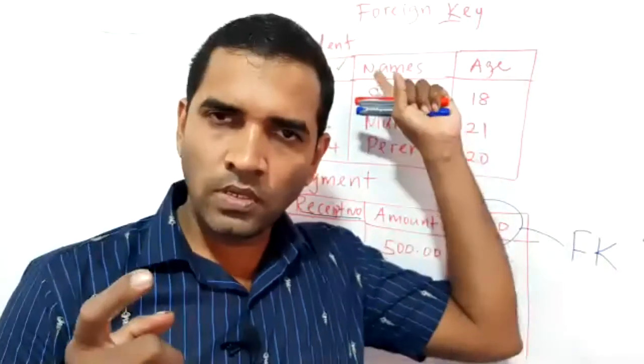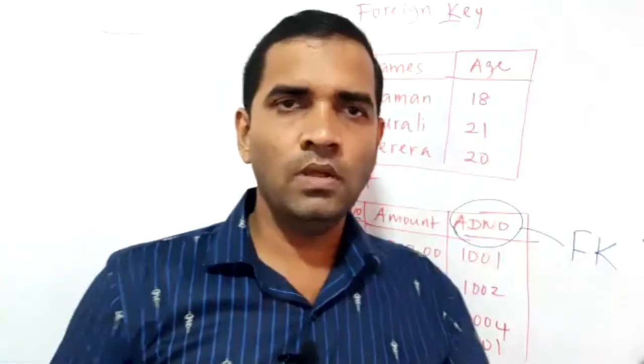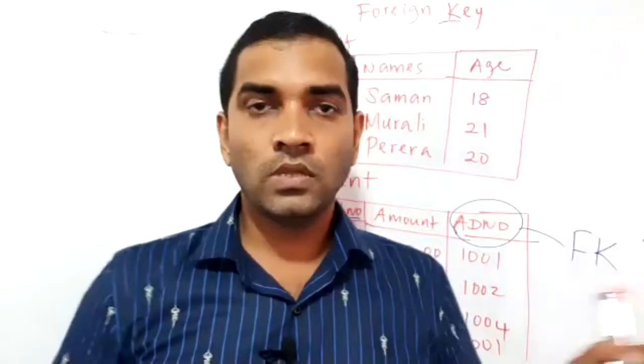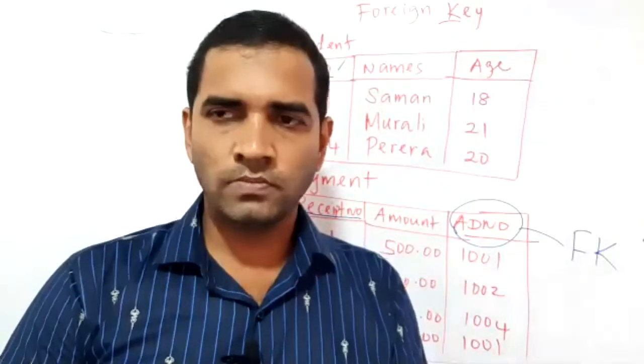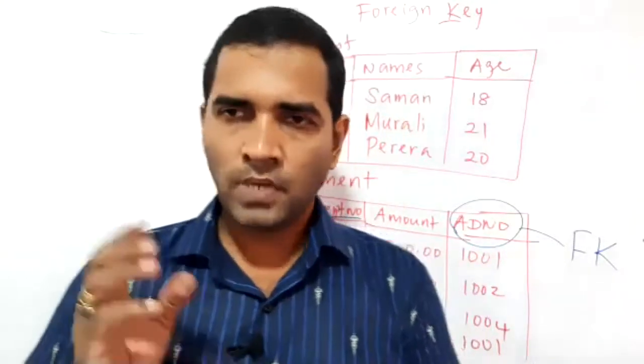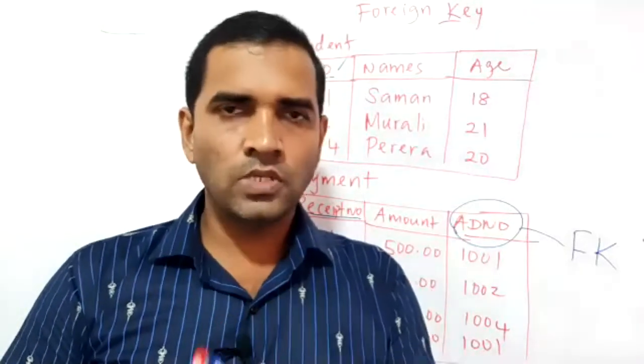You need a foreign key in one table and primary key in another table for joining two tables. Right? So why foreign key? It is for joining two tables. Clear? So these are the three keys: primary key, foreign key, and composite primary key.